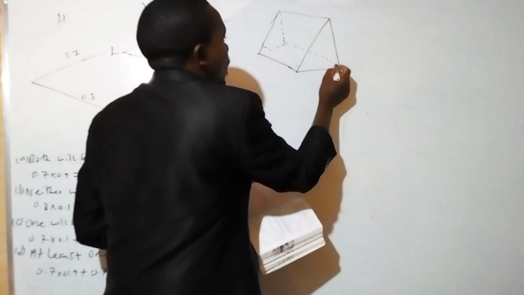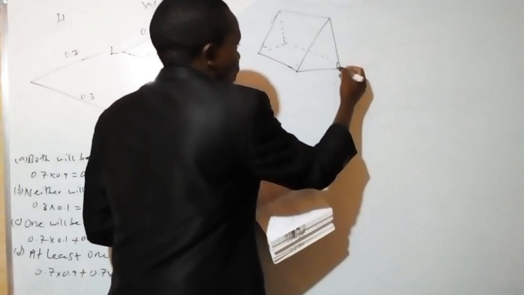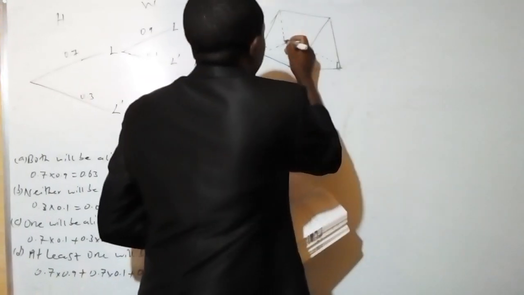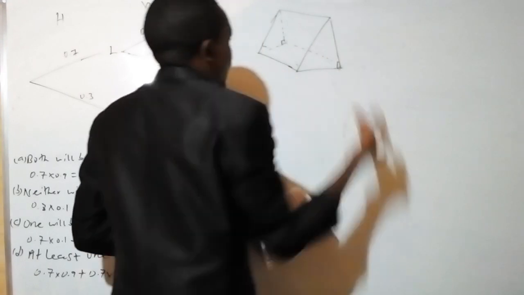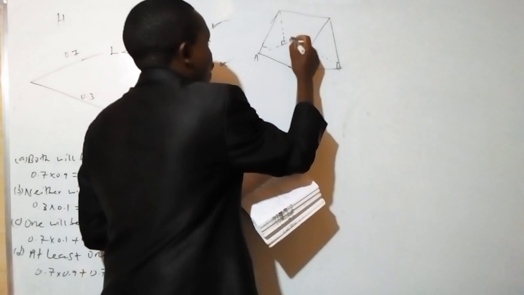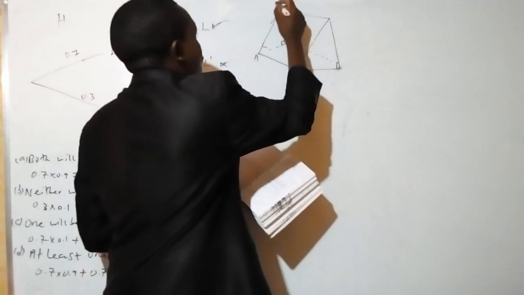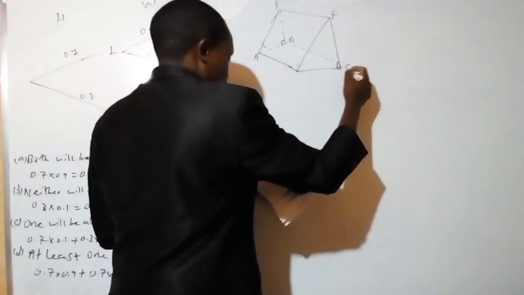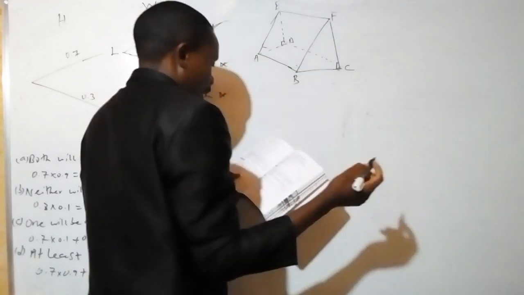And this angle is supposed to be 90 degrees. That angle is 90 degrees. The points are A, D, E, F, C, B. The diagram represents a wedge.